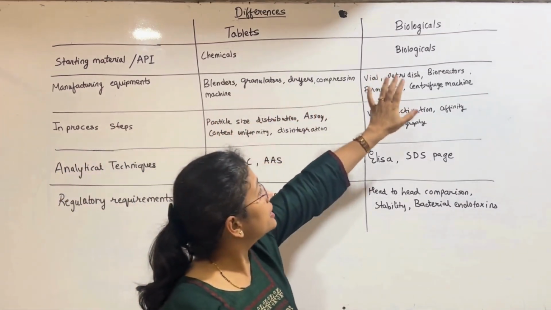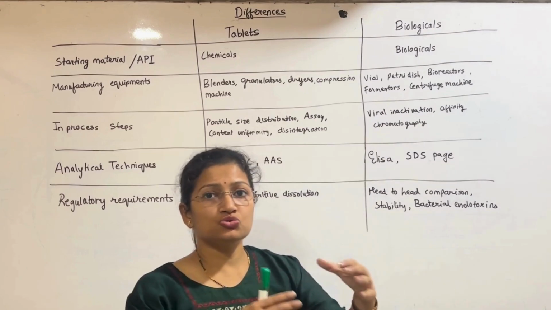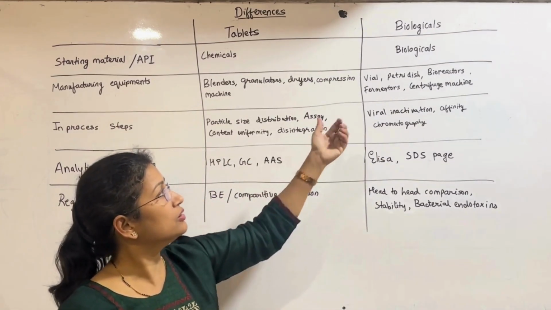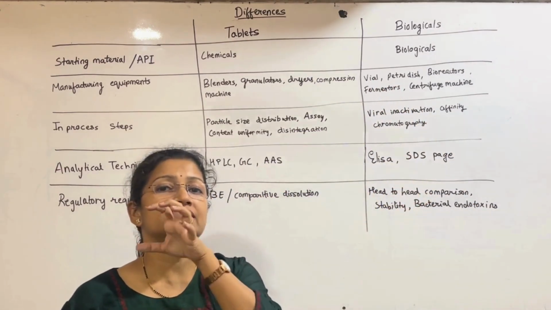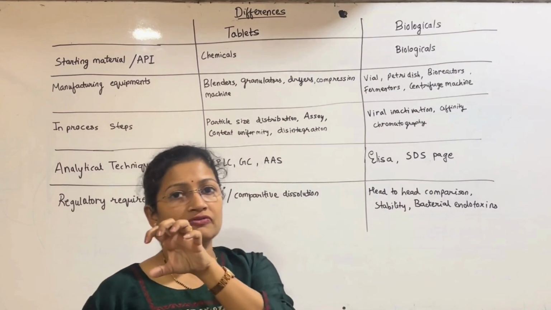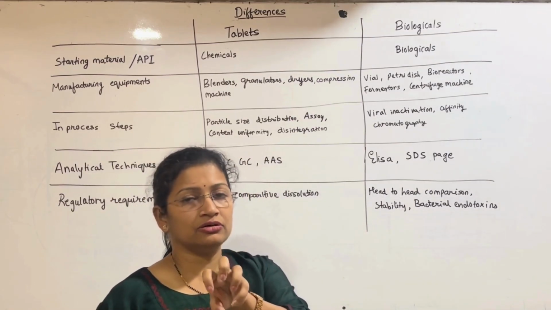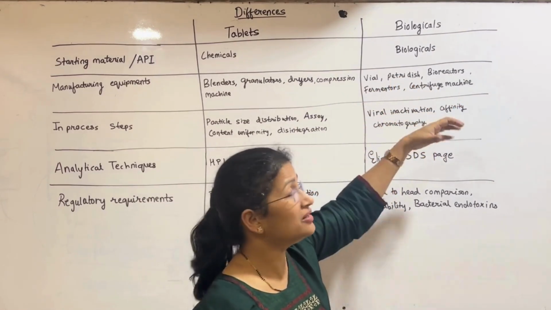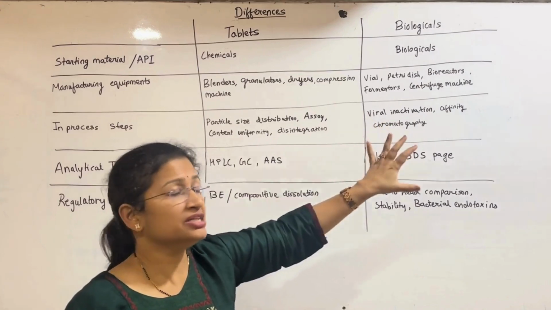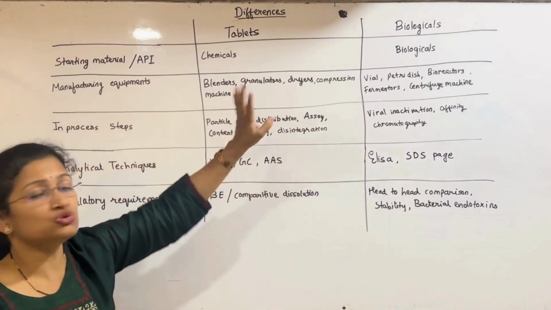For biologicals, we use small vials or petri dishes, and then gradually increase the size for our DNA material of interest. So vial, petri dish, bioreactor, fermenter and centrifuge machine. These will be the equipment we use for biologicals.